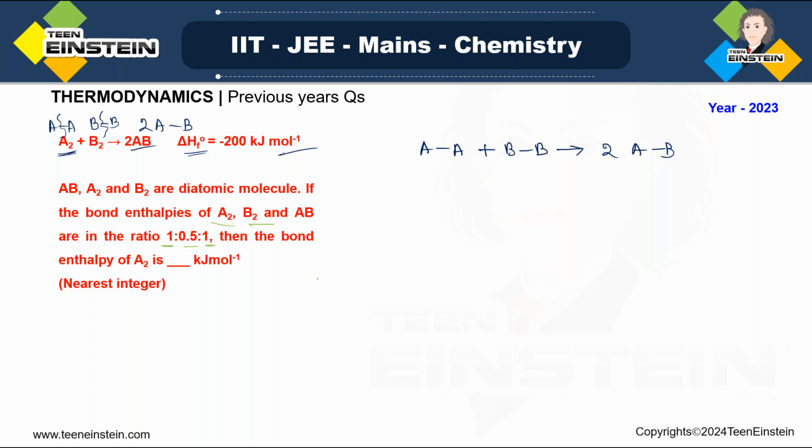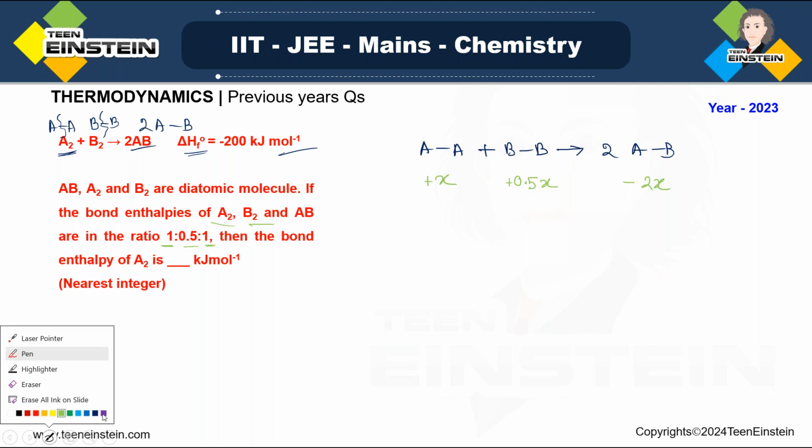Now if it is so, we can consider the bond enthalpy as x for the first one, 0.5x for the B2, and 2x for this. But as you are breaking the AA bond, this value must be positive. You have to supply this. Then the BB bond you are breaking, that means this energy is also positive. But here AB bonds are formed. Two AB bonds are formed. So this value should be negative.